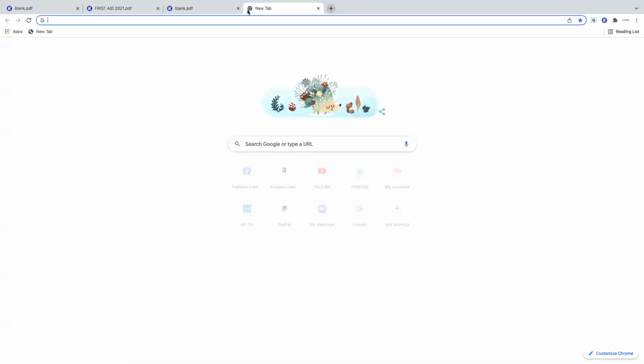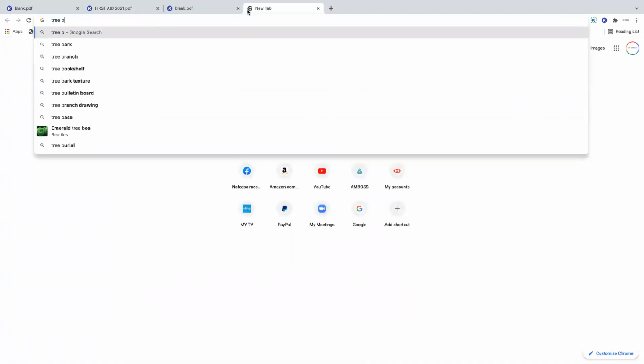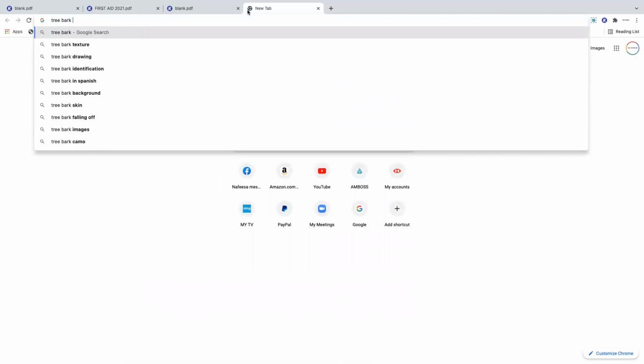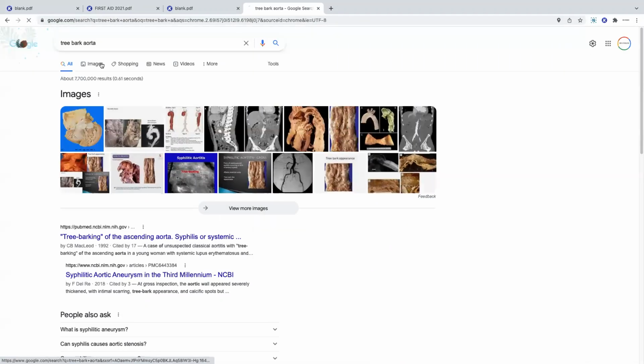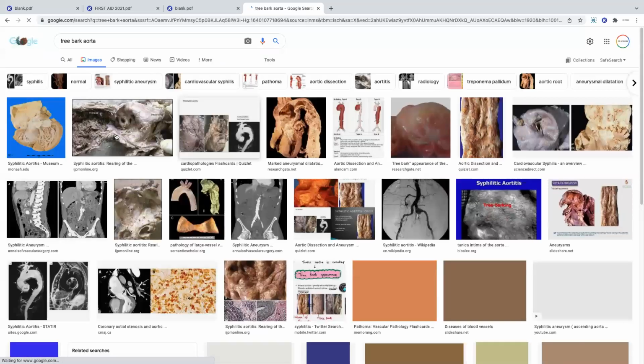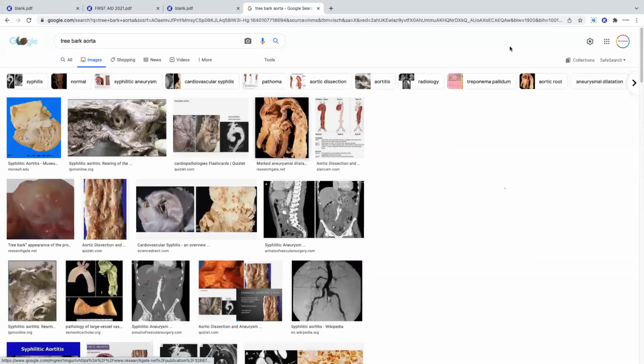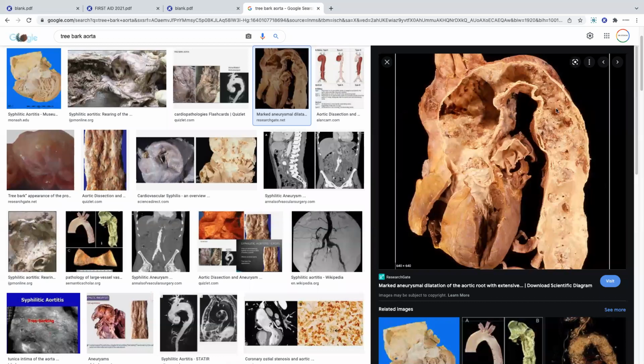Do you want to see the tree bark appearance of the aorta, how it looks like? Tree bark aorta. Okay. This is how the aorta would look like. Doesn't it look like the bark of a tree? Yes or no? Yes. Do you see how dilated the vessels are?